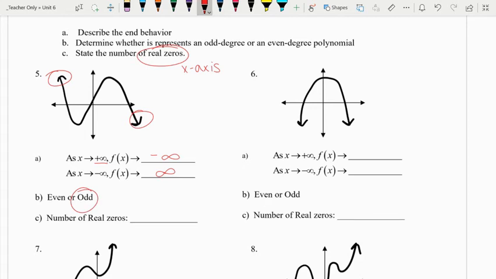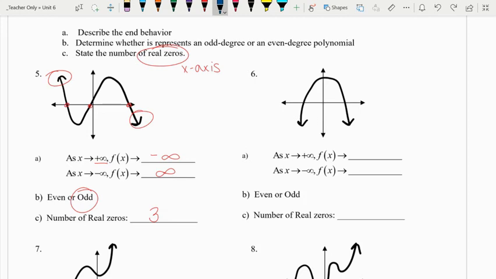The only time that it's even is if they are the same direction. Our number of zeros, 1, 2, 3. So that does mean that our lowest degree is going to be x to the third.